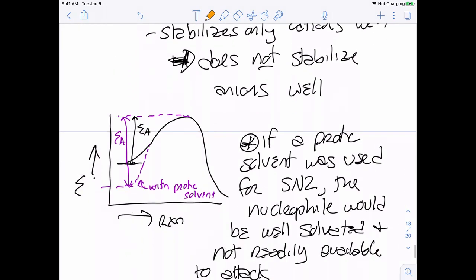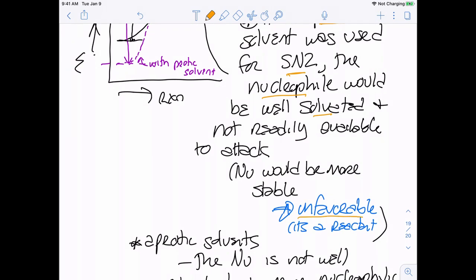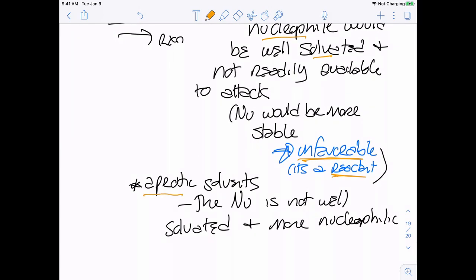A protic solvent for SN2, the nucleophile is solvated, but that is unfavorable because it's a reactant, not the product. So we want to use aprotic for SN2 because then my nucleophile is able to go out and do its job.